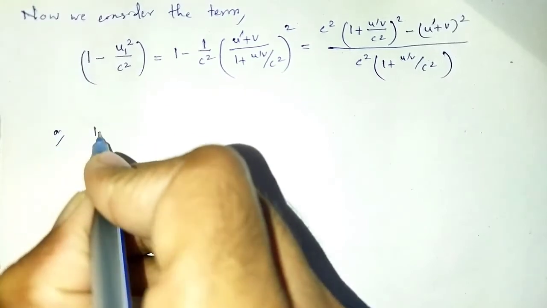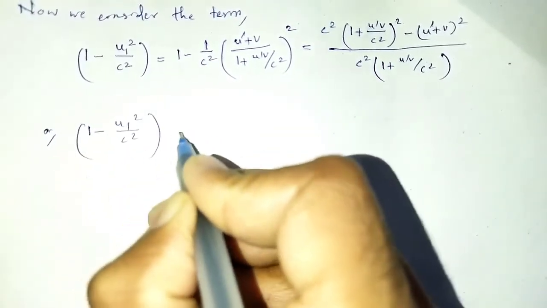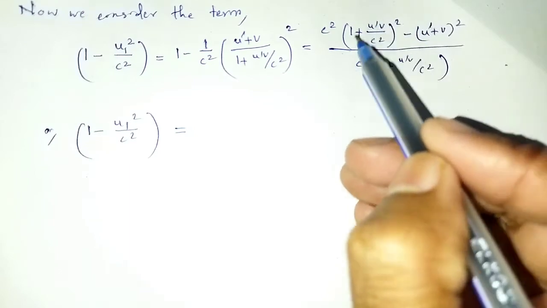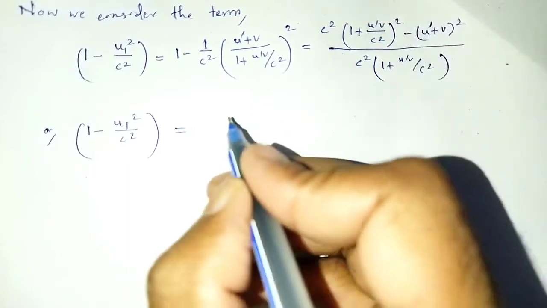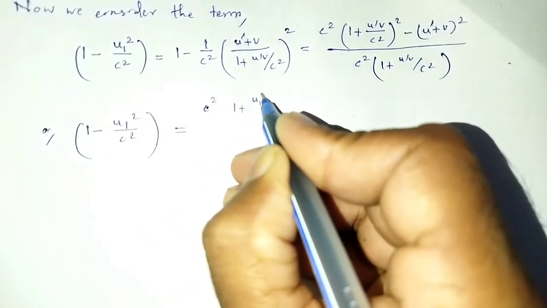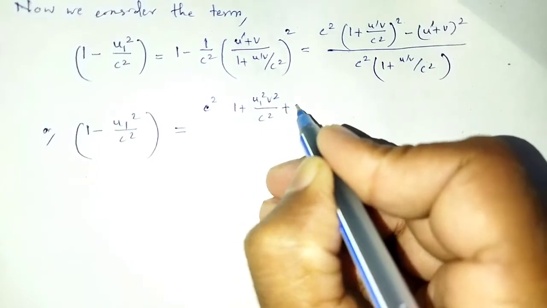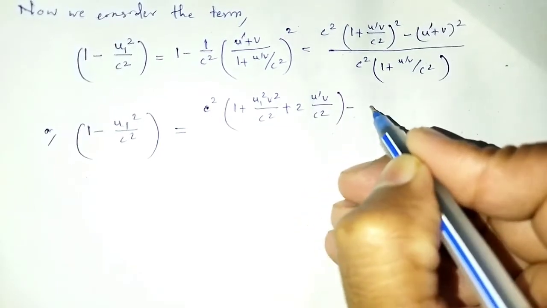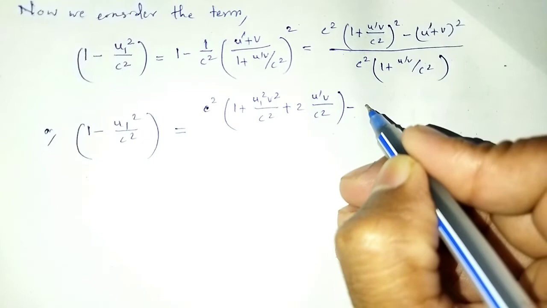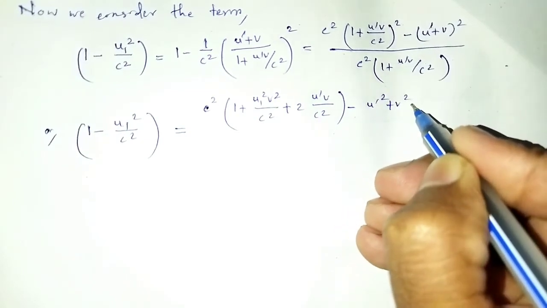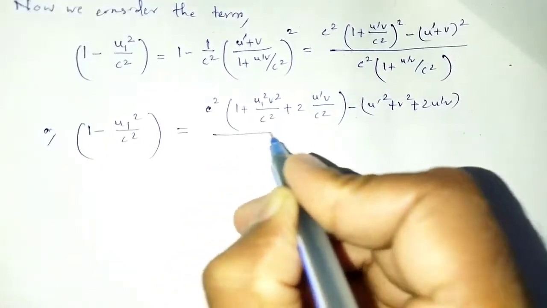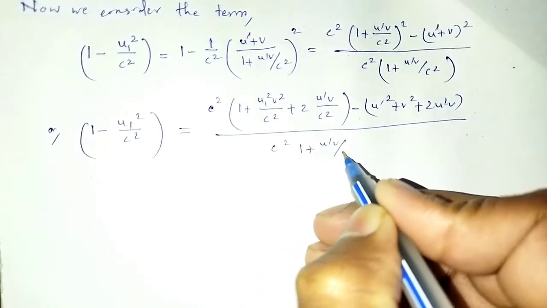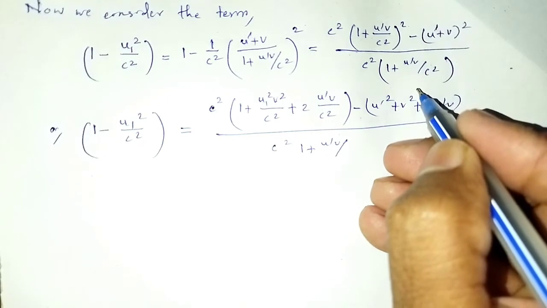Or 1 minus u1 square divided by c square is equal to, expanding as a plus b whole square, c square times 1 plus u' square v square by c square plus 2u'v divided by c square, minus a plus b whole square, u' square plus v square plus 2u'v, divided by c square 1 plus u'v divided by c square.